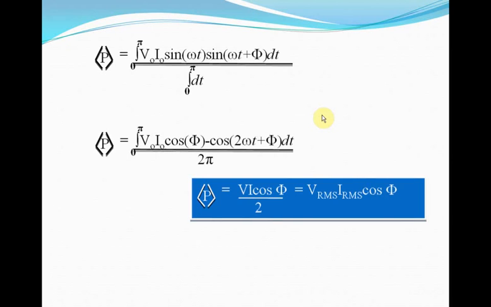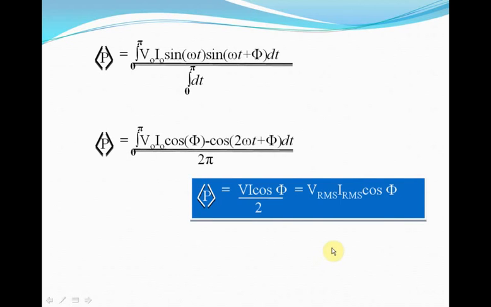Now V0 I0 by 2 can be written as V0 by root 2 into I0 by root 2. So you can basically say that the average power is Vrms Irms cos phi. That's an interesting way to represent power, isn't it? But this is true. Of course, this expression is very, very important. You have to remember it.